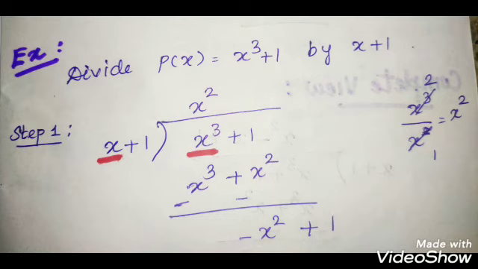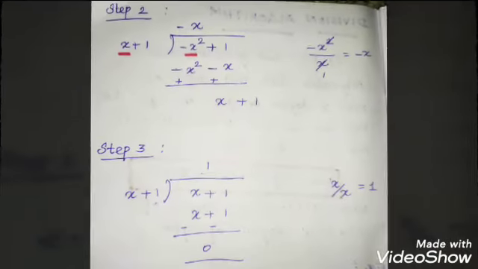What will you get? x square. So the quotient is x square. Now, as usual, we change the sign to subtract. So plus x cube and minus x cube get cancelled. The remaining thing is minus x square plus 1.